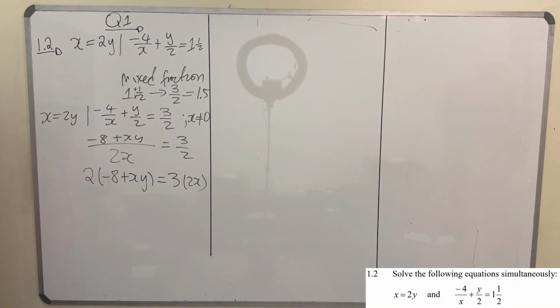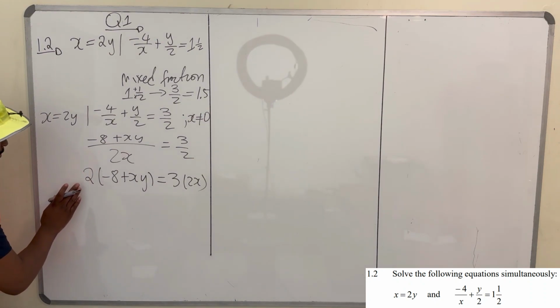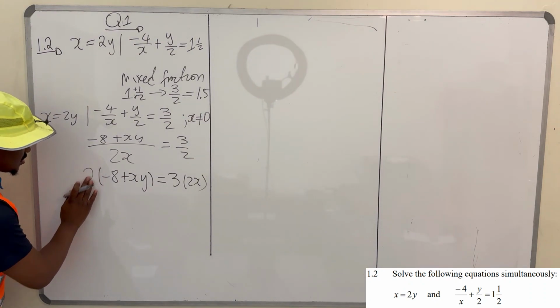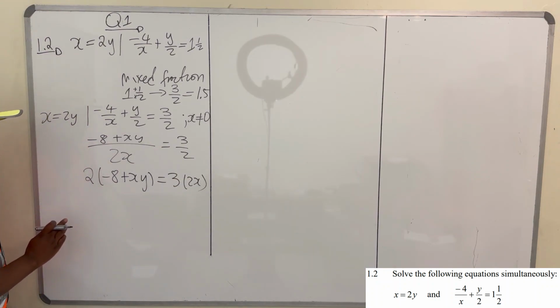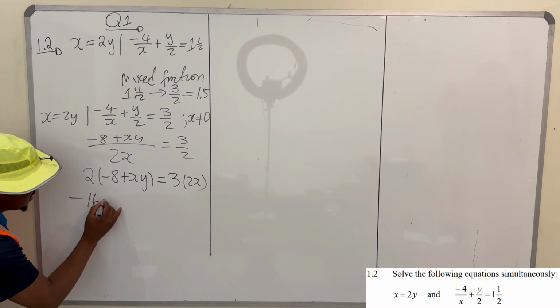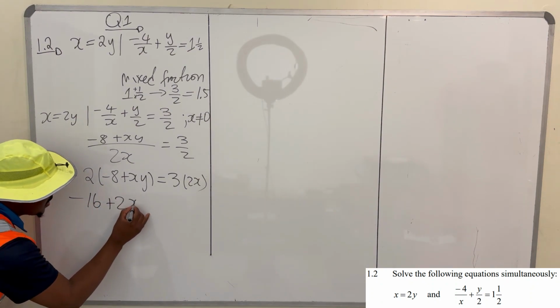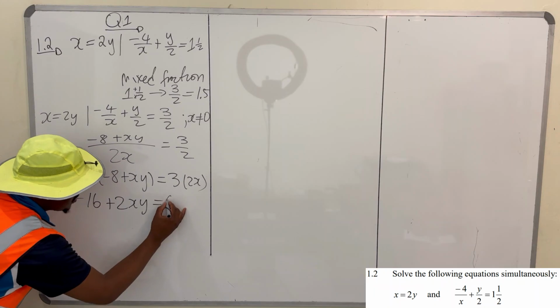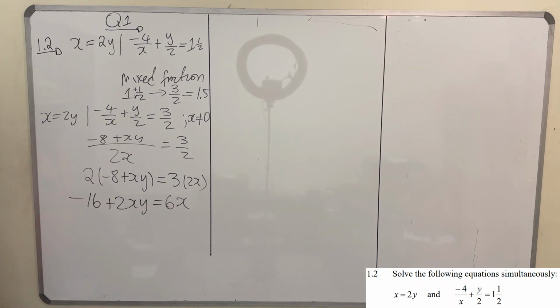Are you guys with me? Yes. I'm not sure if you can see this, but you can rub this 2 and that 2 away. Okay, it's fine. Minus 16 plus 2xy is equal to 6x. This is what you have, right?